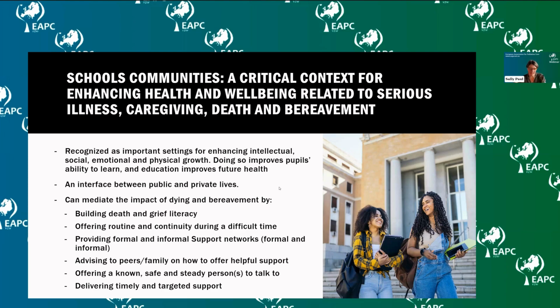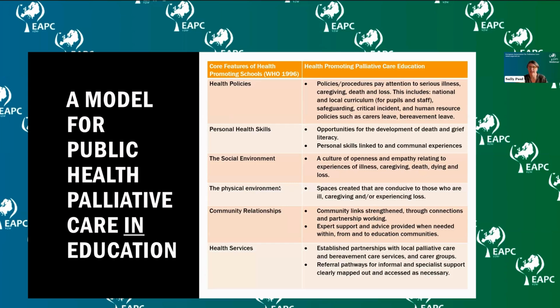So what does a model for public health palliative care in education look like? One of the things that I did in the chapter, building on some of my research, was to look at what already exists in schools, what are health promoting schools, and how can we apply that to palliative care.